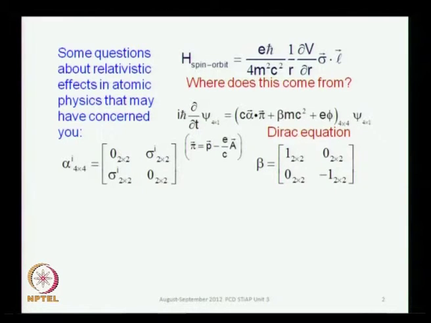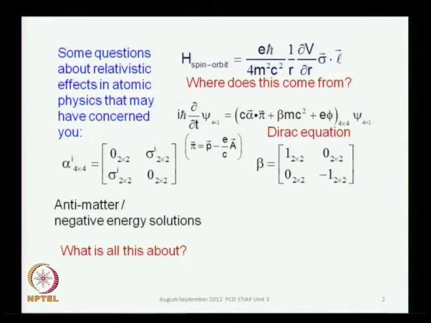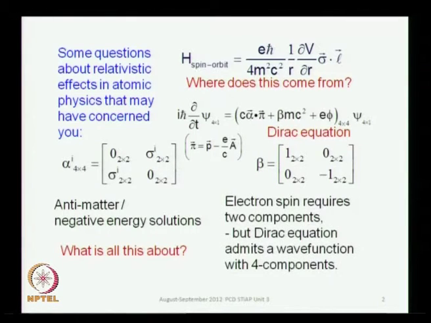The wave function has a number of elements, and then you also know that there are questions about negative energy solutions, antimatter, and all that. Now we do know that electron spin requires 2 components, but in the Dirac equation you have 4 components. So what is all this about? These are some of the questions that we shall tackle in this unit.